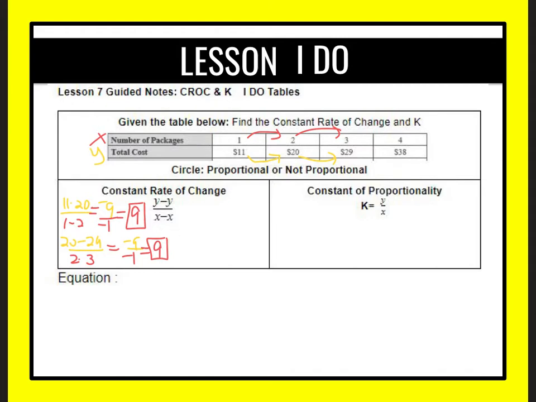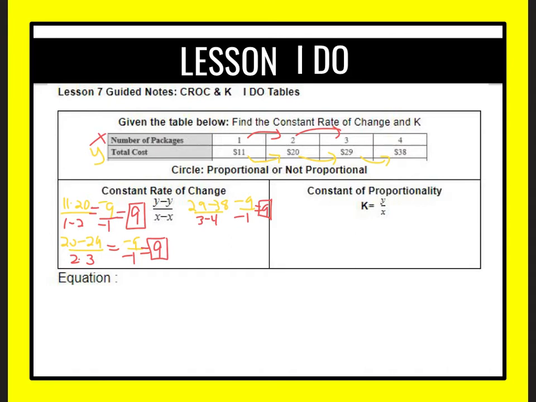I can continue and find the rate of change here, and I'm going to get 29 minus 38. If I subtract that, that gives me a negative 9 over 3 minus 4, and that's going to be negative 1, which gives me a constant rate of change. So I'm just checking, do I have a constant rate of change here?